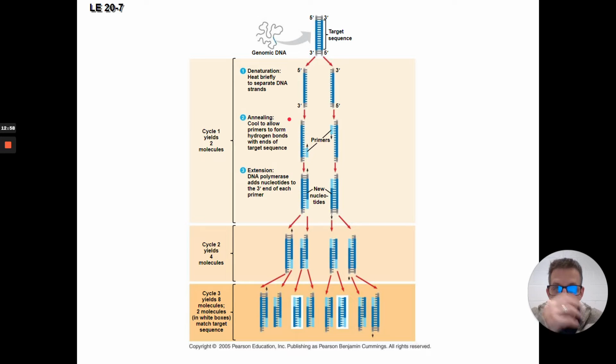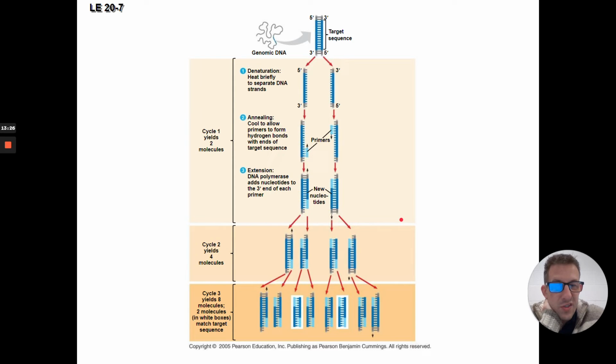Okay, we're going to add DNA polymerase, and once we cool down this thing, the DNA polymerase and the primers can start their business. Okay? Cooling will allow for the primers to form hydrogen bonds with the ends of target sequences, and then we can include the DNA polymerase, which will extend those particular DNA strands until they're done.